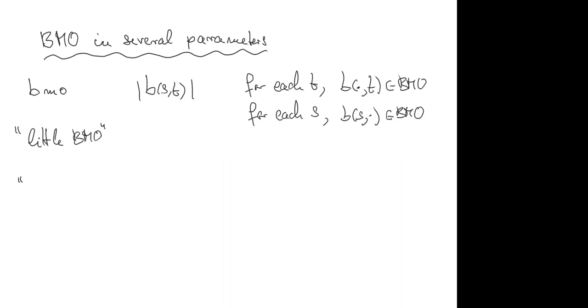There's another one which is called the product BMO, and that is the one which is more natural from a complex analysis point of view. So you can have a complex H1 space on the bidisk and the corresponding real H1 space on the bicircle, and then you can ask for the dual of that.